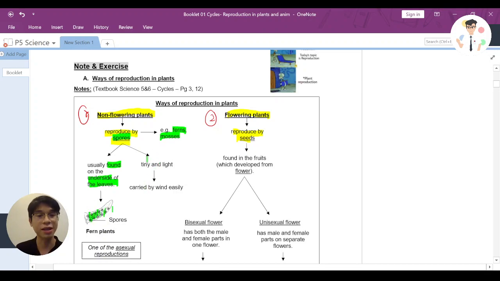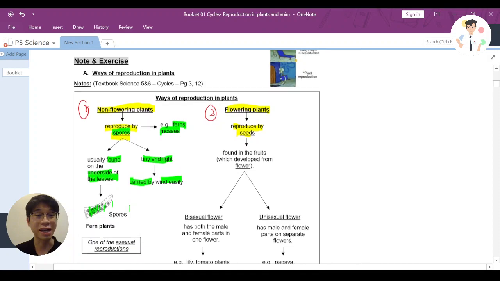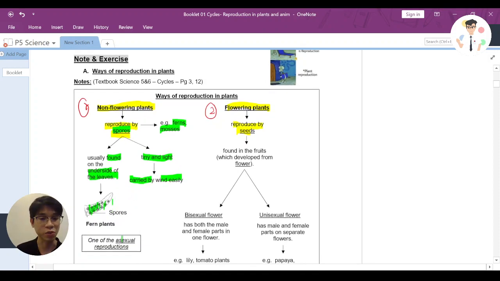And these spores are usually tiny and light. Why? Because they can be carried by wind easily, okay? Reproducing by spores is something we know as one of the asexual reproduction methods. Asexual reproduction basically means there's no male or female.